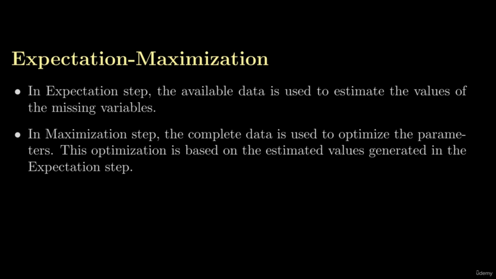When those missing values are found, we use the complete data, that is the available data and the missing data which has now been found, to optimize or update the parameter. That is done in the maximization step.